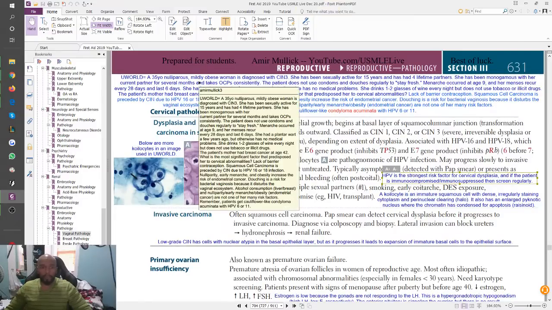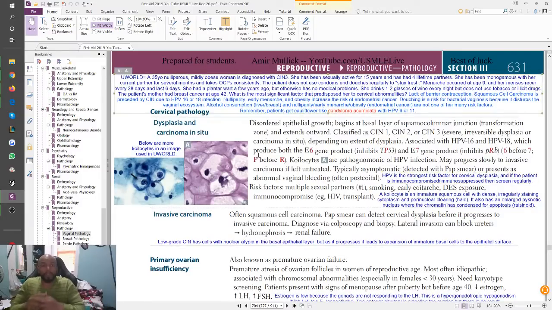So let's take a look at this question up here. So this one says a 35-year-old nulliparous, mildly obese woman is diagnosed with carcinoma in situ, CIN, but carcinoma in situ basically because of CIN3. She has been sexually active for 15 years and has had 4 lifetime partners. She has been monogamous with her current partner for several months and takes oral contraceptives consistently.